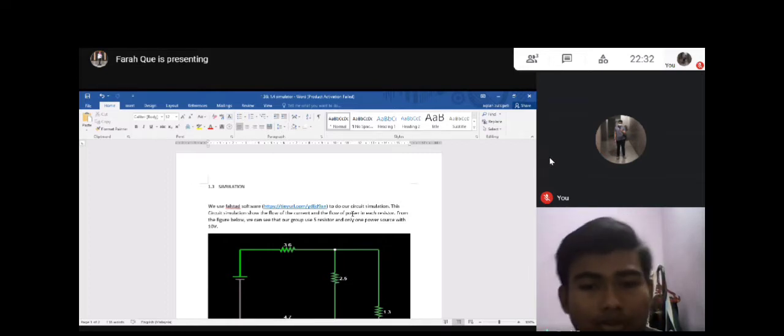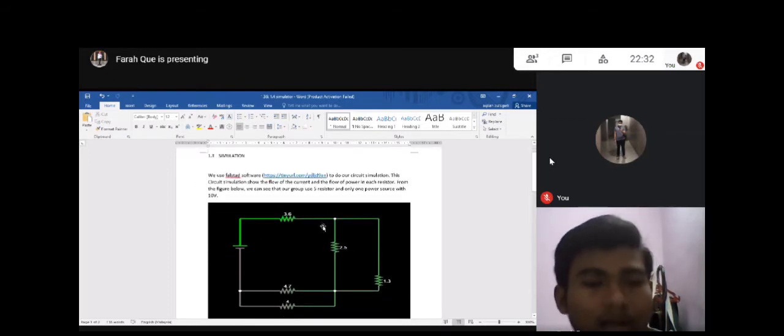It also shows us the result very clearly, and it is also easy to extract the result to put in our project report. The main purpose of the circuit simulation is to show us the flow of the current and the flow of the power in each resistor.